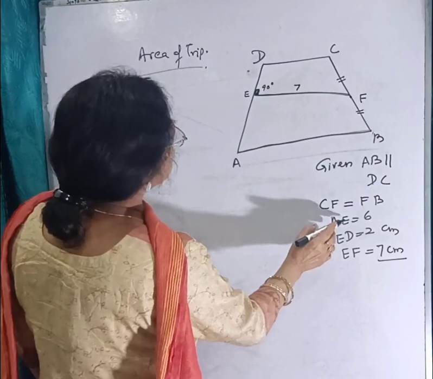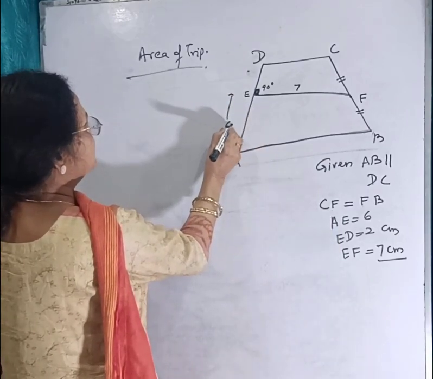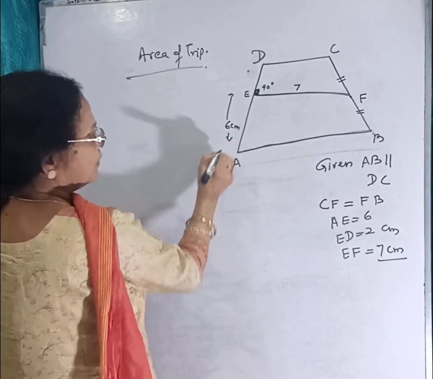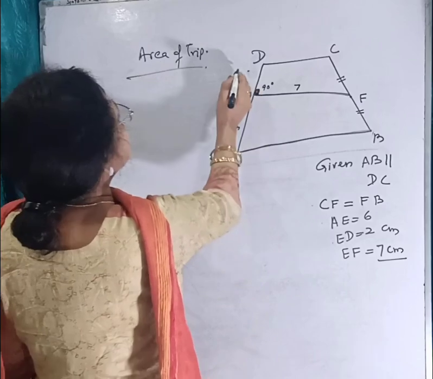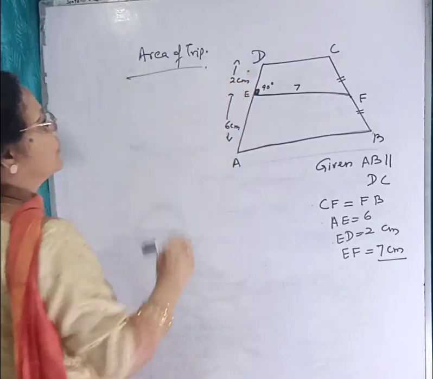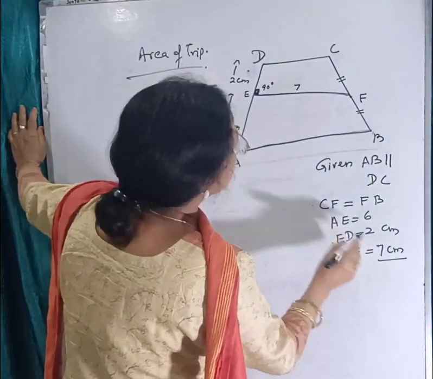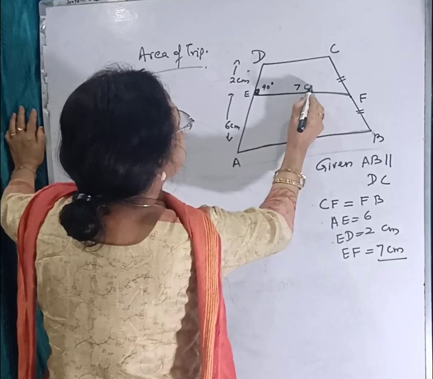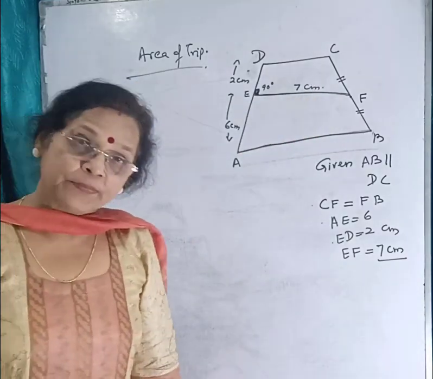AE is equal to 6 centimeter. ED is equal to 2. And EF is equal to 7 centimeter. Under this condition, we have to find the area of the trapezoid.